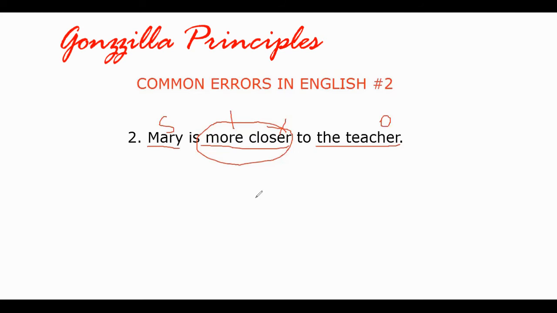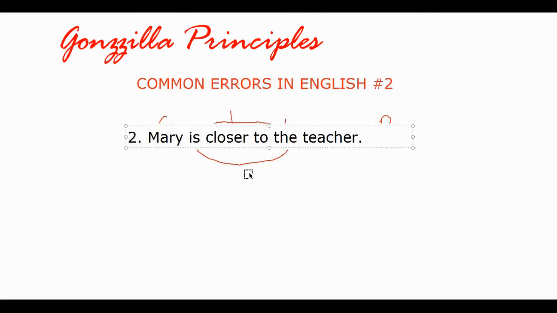Instead of saying Mary is more closer to the teacher, I'll rather say Mary is closer. I take away the initial marker and just put in a simple adjective in the comparative form. So we say Mary is closer to the teacher, and not Mary is more closer to the teacher. Clear? Good.